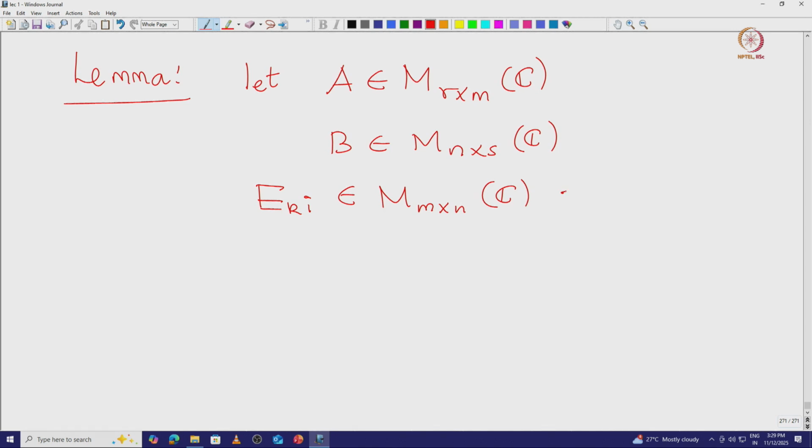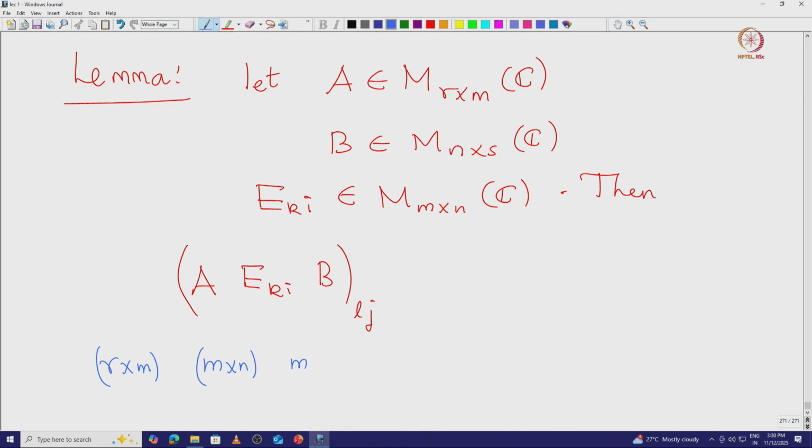Given this, we want to compute A E_ki B. A is r by m, E_ki is m by n, and B is n by s.